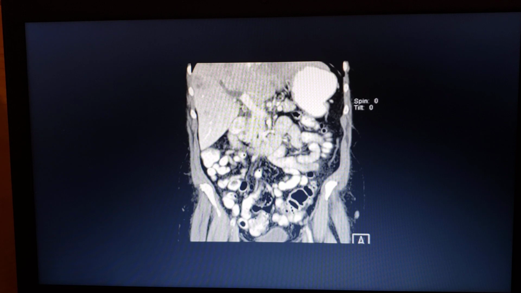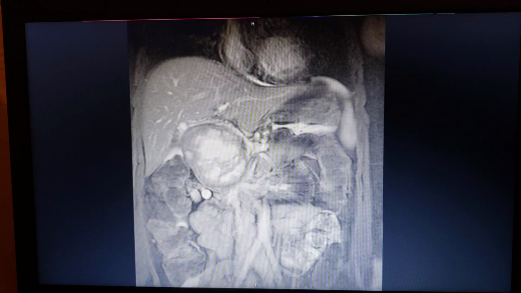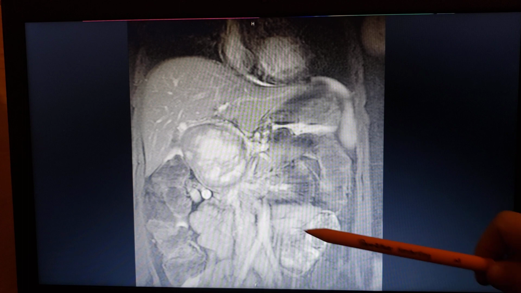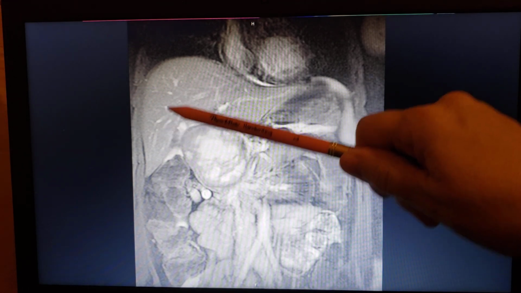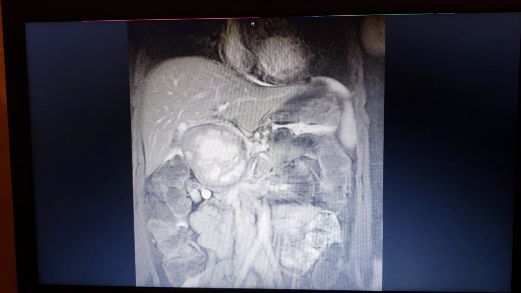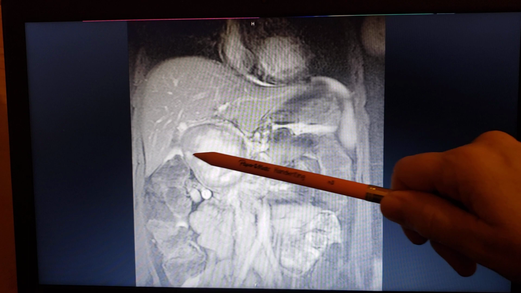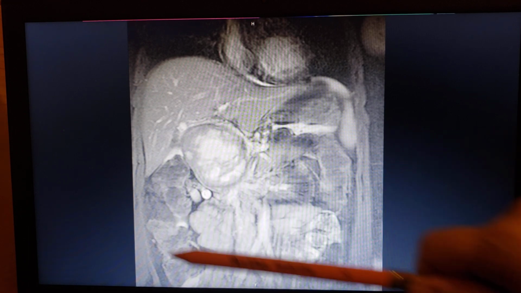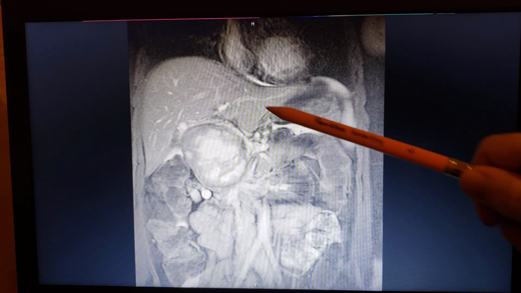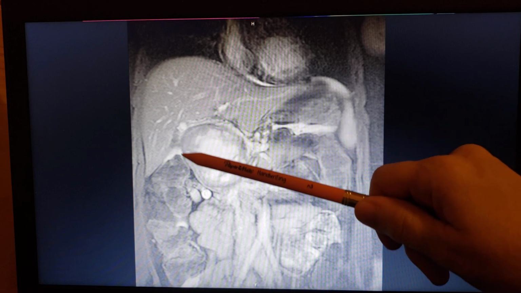So let's compare this CT with an MRI. Now this is a picture of an MRI, and you can see the liver up here, and you can see the kidney right there, and the other kidney over here. You see the liver here, but something very abnormal.